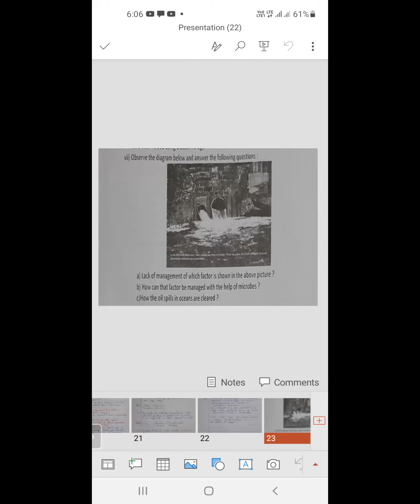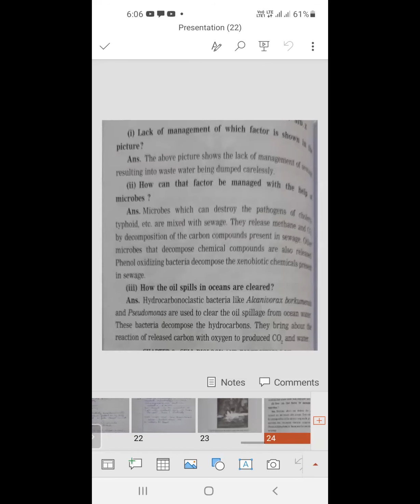The picture shows the lack of management of sewage, resulting in wastewater being dumped carelessly.